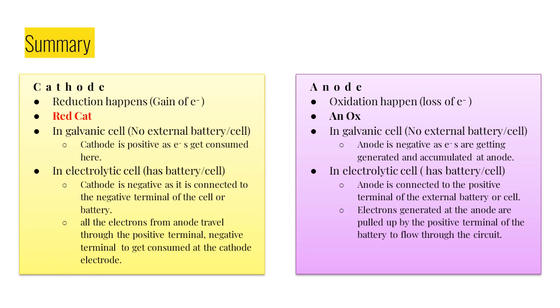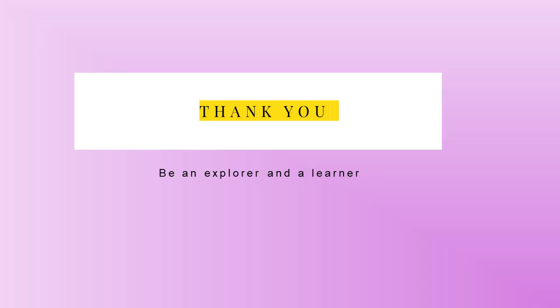So students, I hope your confusion regarding cathode and anode is clear, and your confusion about how for one cell the cathode can be positive and for the other the cathode can be negative. If you have any doubt, you can anytime rewind my video to get your doubt clarified again and again. So this is the summary of the video.